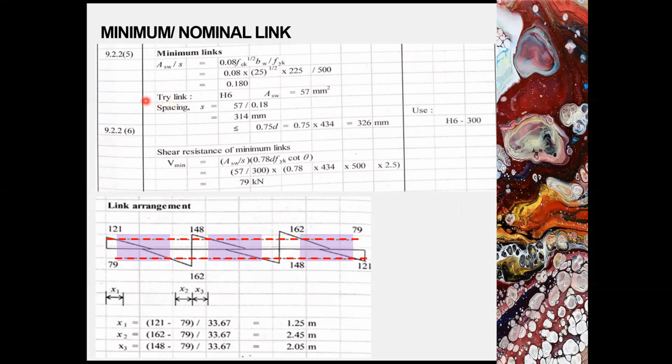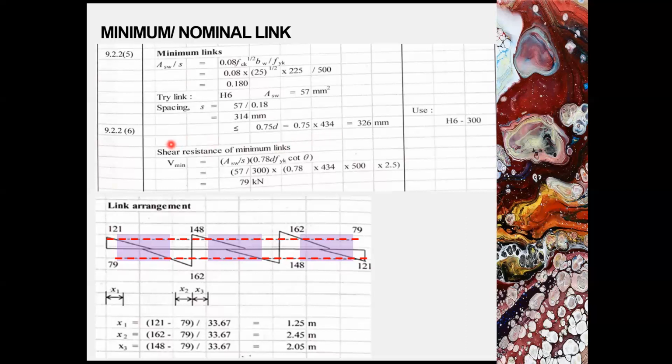So once you have obtained the Asw over s ratio, we will use the method that explained earlier to propose the link. So here in this case, minimum or nominal link is provided H6 300 center to center spacing.